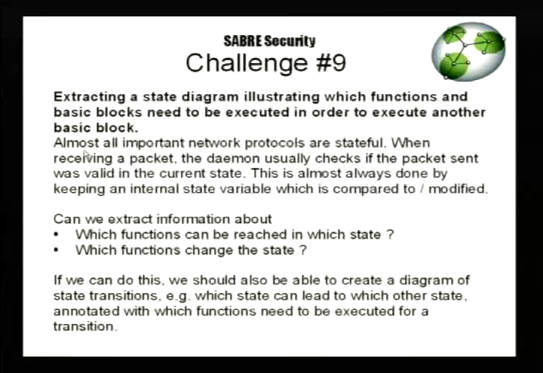Can we generate a diagram telling us which functions are reachable in which protocol state, and which functions can be used to move the protocol state to another state? Essentially, generate a diagram from the executable telling us: now we have this protocol state, and from this protocol state we can move to that protocol state by use of this function, and to that protocol state by use of that function, and we can't go from this state to the other states.